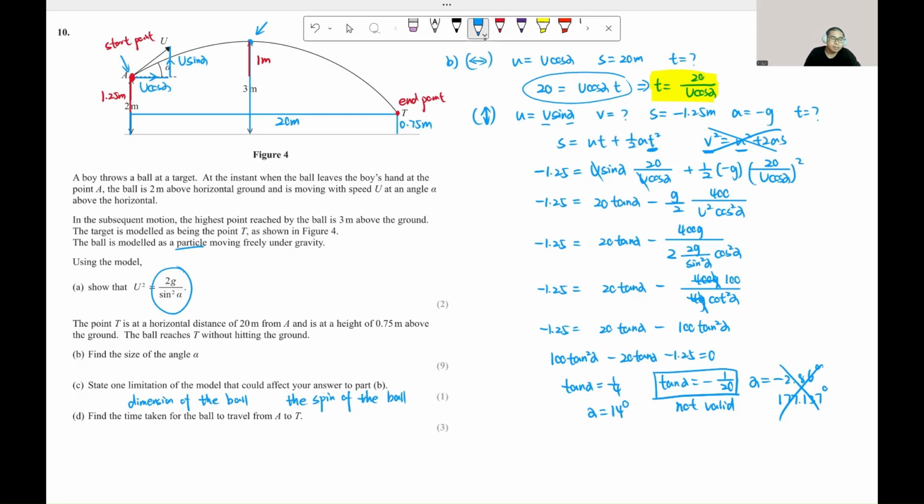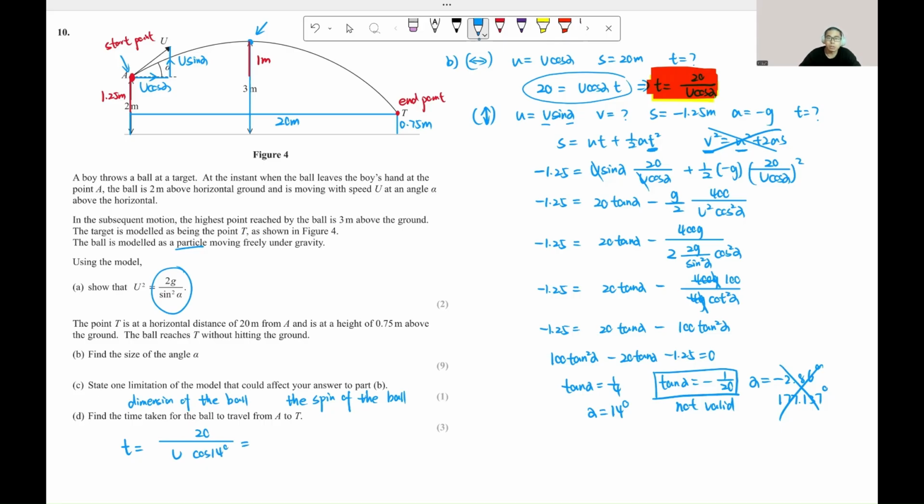And then for part D, find the time taken for the ball to travel from A to T. So we already have T equal to 20 over U cos alpha, so we can just substitute in now. T is equal to 20 over U times cos alpha, and alpha is 14, so that'll be cos 14 degrees.